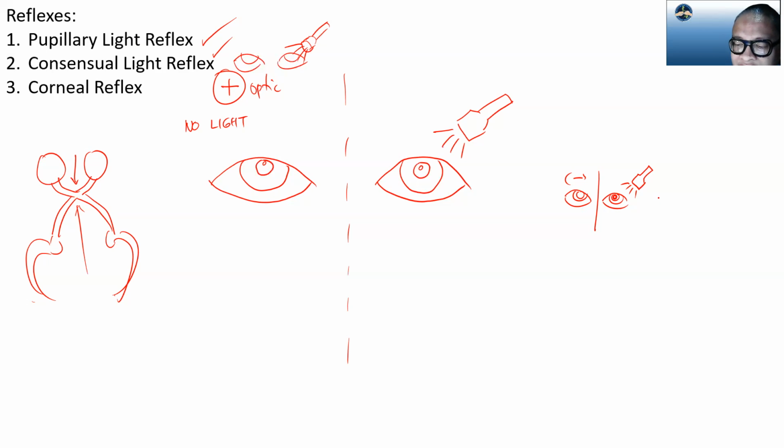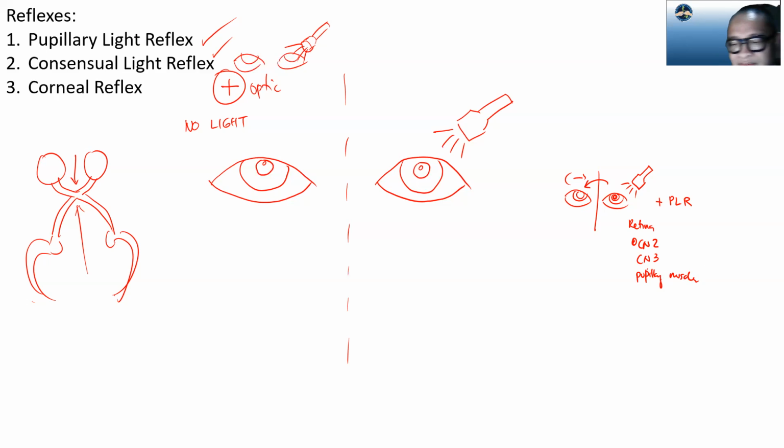Remember, you have a positive pupillary light reflex here, an intact light reflex here. So definitely your retina, your optic nerve, your cranial nerve 2 is okay. Your cranial nerve 3 is okay. Your pupillary muscles are okay, right? The only problem is you did not have consensual light reflex. So what's the problem there?